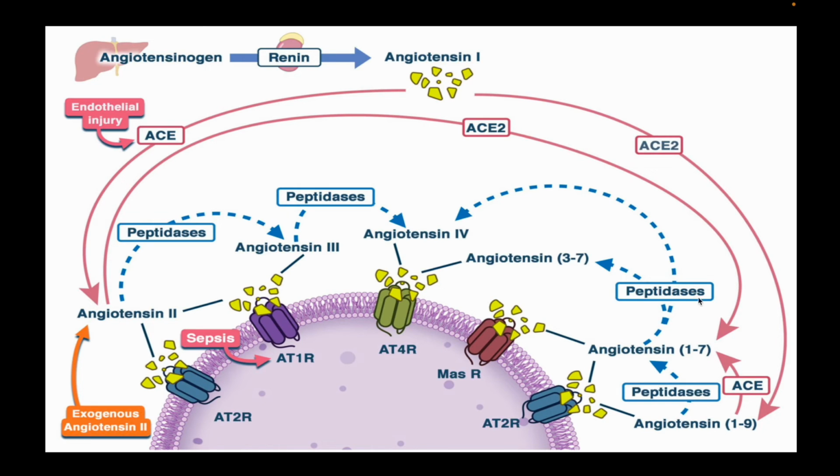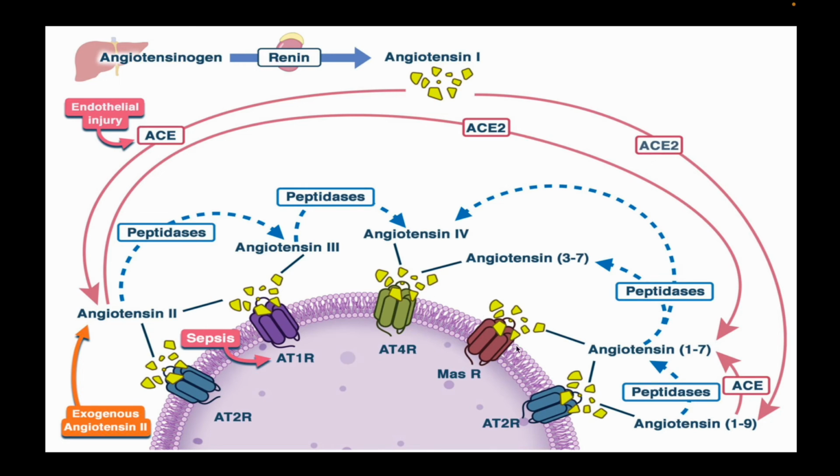Now, if we look at the other angiotensins that are produced, angiotensin 1 produces angiotensin 1 through 9, and angiotensin 2 here produces what is called angiotensin 1 through 7. And this angiotensin 1 through 7 produces two angiotensins, that is angiotensin 3 through 7 and angiotensin 4. All these angiotensins, which are produced by various peptidases, act on these receptors, that is AT4R, AT2R, and the MAS receptor.